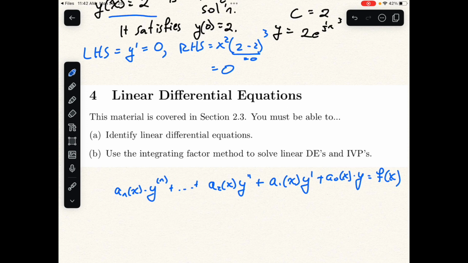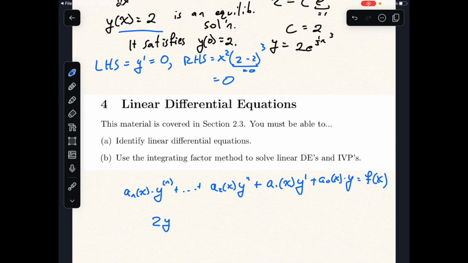So you might have something like 2y plus 3x squared y prime, or let's say y double prime, is equal to cosine of x minus xy prime.